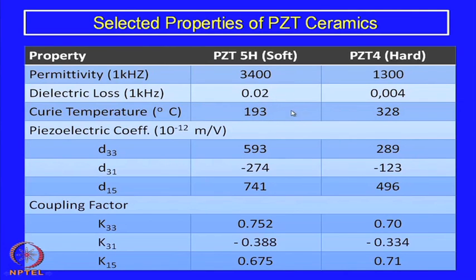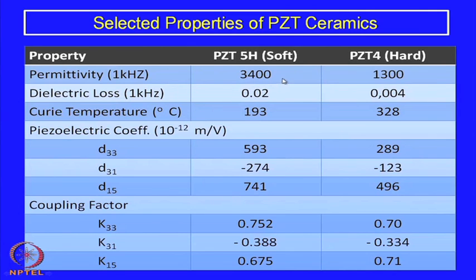So, compared to this one can enhance the Curie temperature to fairly large values. So, there is one group of materials called soft piezoelectric material, soft PZT basically, and this is hard PZT, and they have some kind of designations as well.